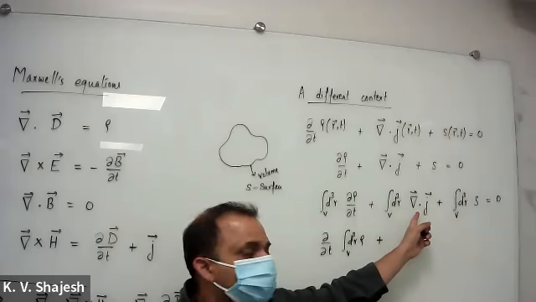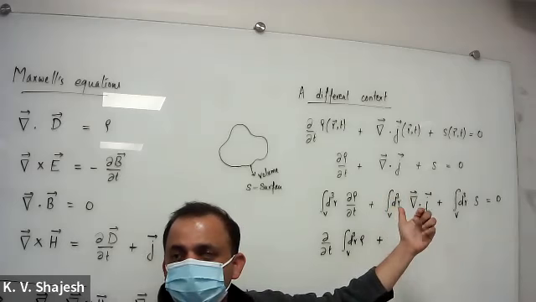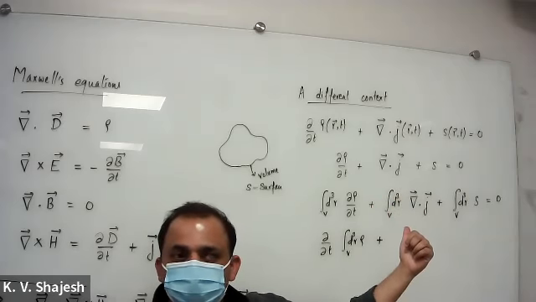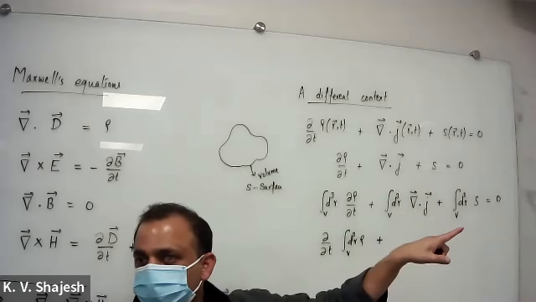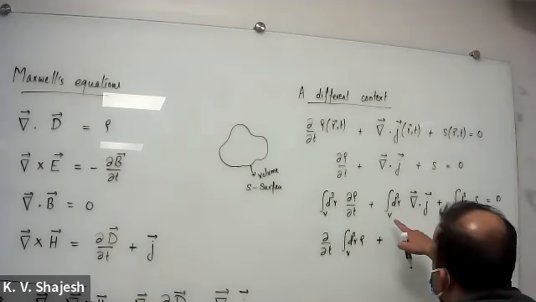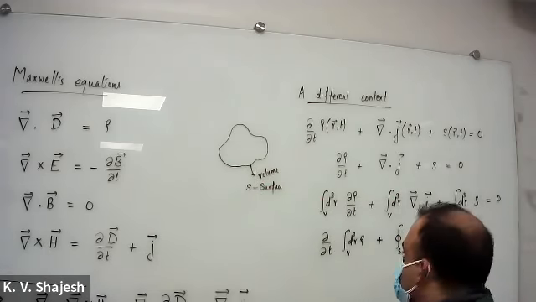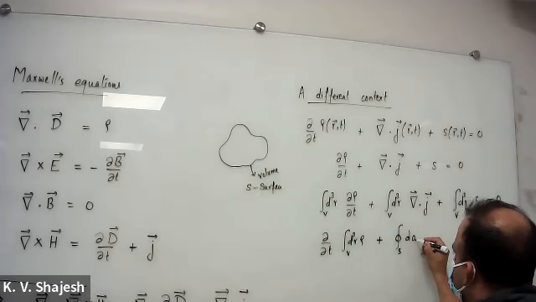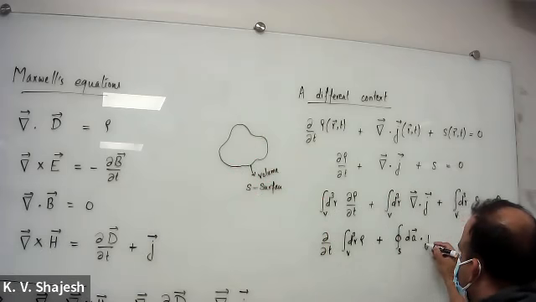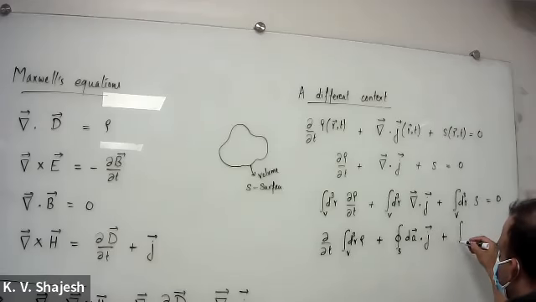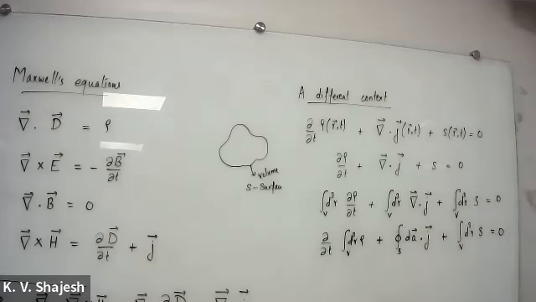If you have a divergence over a volume, it is the same as the surface integral of the field itself. So instead of a volume integral, you do a surface integral, but a closed surface integral. You have to capture the whole surface. Okay, so dA dotted with J, and again you have a volume integral of S, is equal to 0.